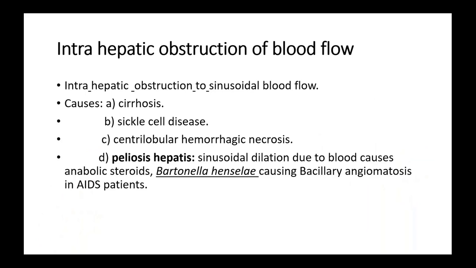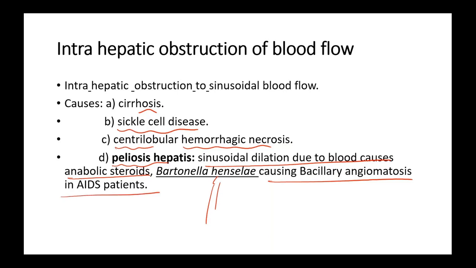Intrahepatic obstruction of blood flow caused by cirrhosis, sickle cell disease, centrilobular hemorrhagic necrosis, peliosis hepatis, sinusoidal dilatation due to blood, caused by anabolic steroid, Bartonella henselae causing bacillary angiomatosis in AIDS patient. So this is not very common, so they will not ask you about this.